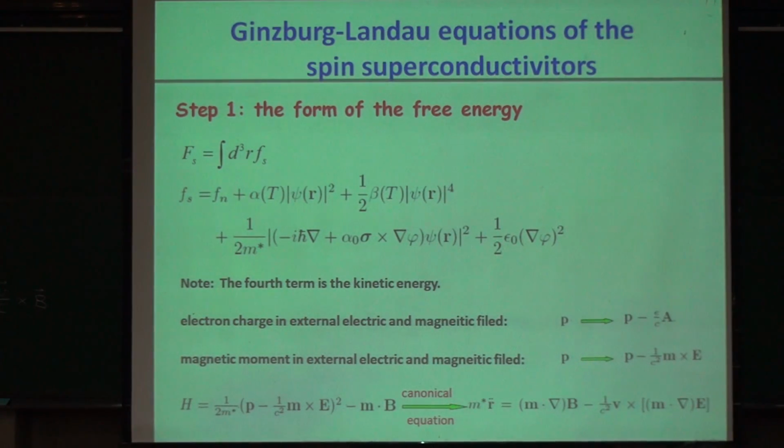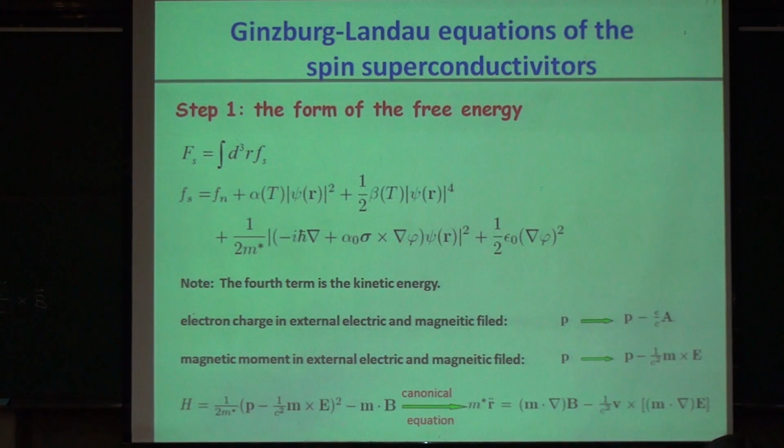Now, if you look at the history of charged superconductors, one important breakthrough is the Landau-Ginzburg theory for a superconductor. Similarly, we can write down a Landau-Ginzburg free energy, a theory for a spin superconductor.